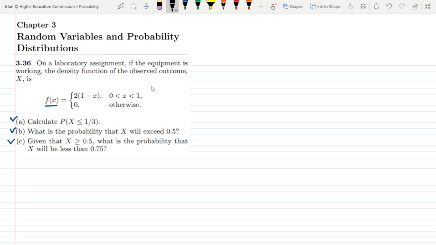So, let me first find the CDF for my function here. In order to find it, this would be F(x), that is capital F of x, and I have to take the lowest limit of my function and take an arbitrary variable, taking that arbitrary variable as x, because this x should correspond with this one as well.